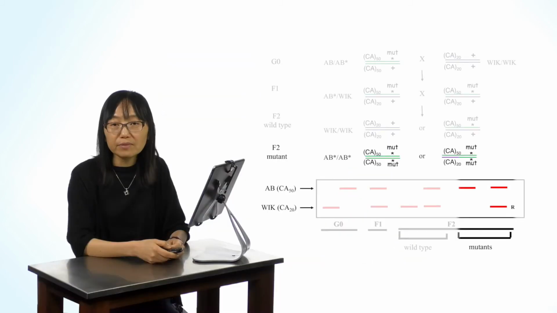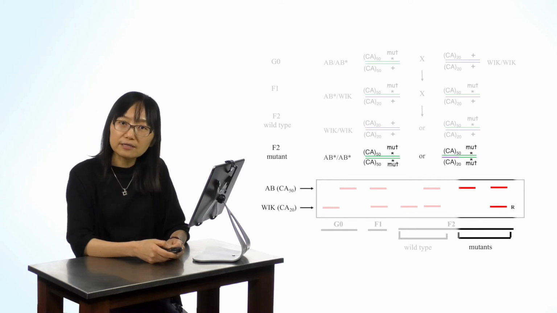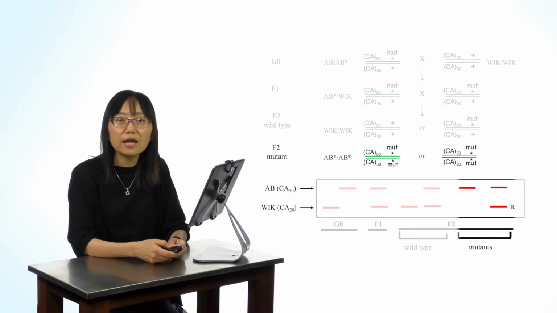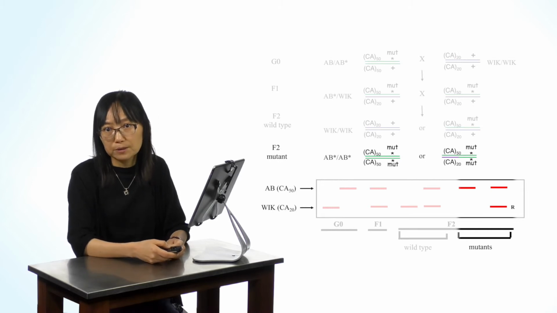If they are far apart, recombination may occur between the marker and the mutation. In that case, you will see both wik and AB bands. By examining the PCR results of the F2 mutant embryos, you will be able to calculate the genetic distance between the mutation and any given markers.